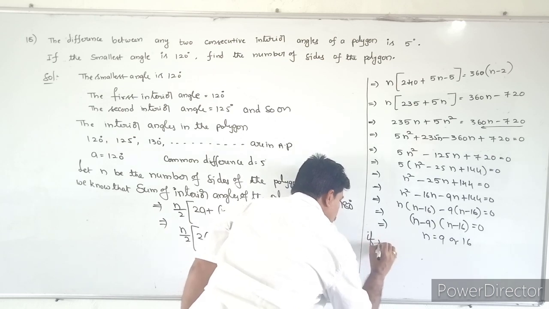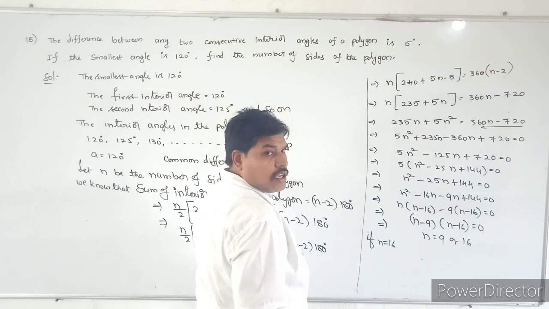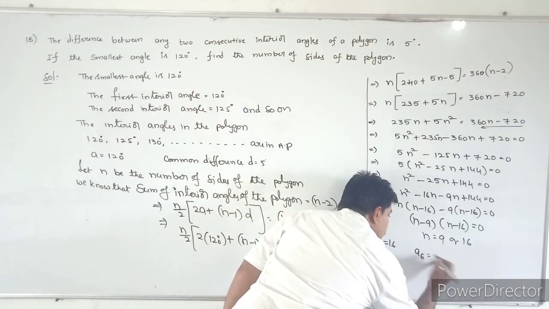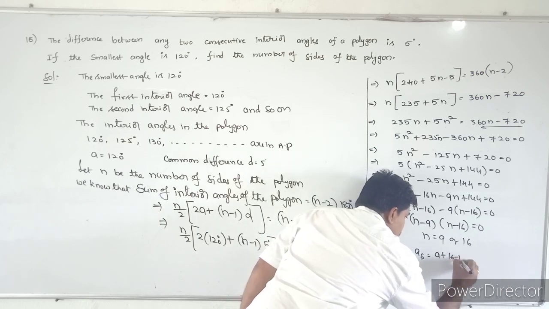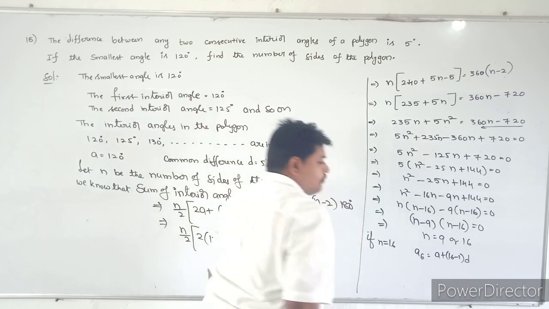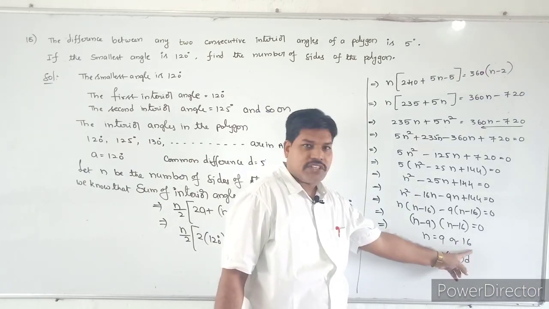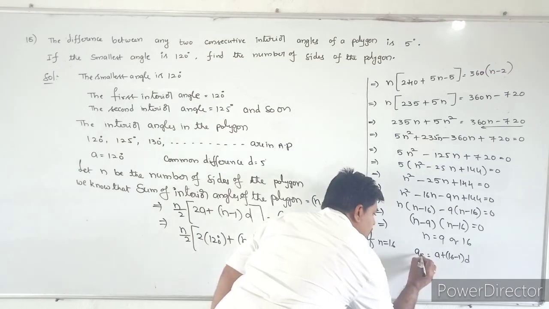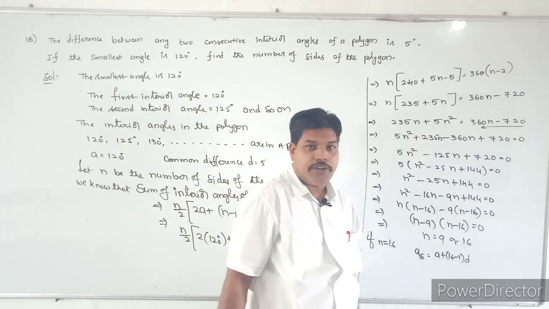If n is equal to 16, that is nothing but the 16th angle. So that is A16, the formula is a plus (16 minus 1) into d. Yes or no? So we are getting n is 9 or 16. If n is equal to 16, what happens? A16 is equal to a plus (16 minus 1) into d.